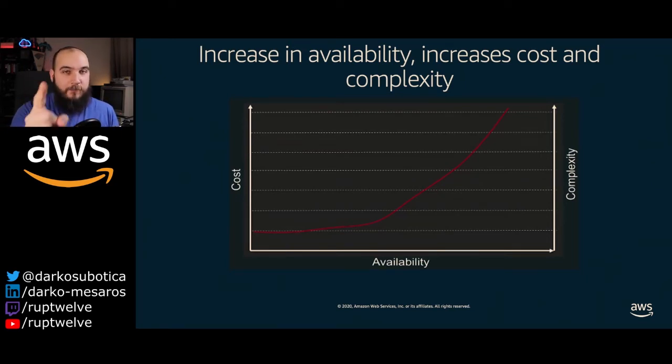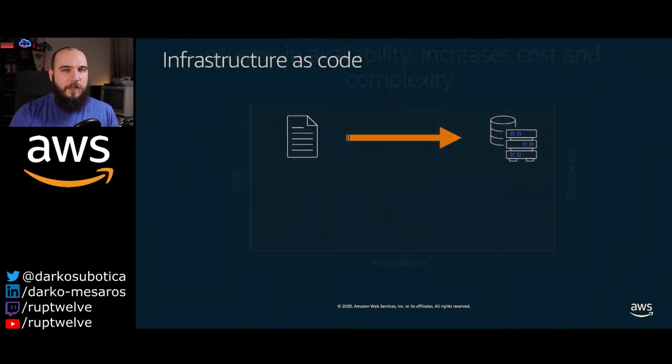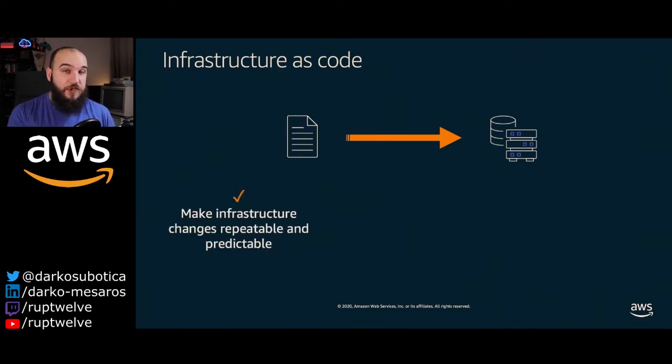Use infrastructure as code. By using infrastructure as code, or the ability to provision your infrastructure by writing it in text files called templates, you have a very predictable way to make changes and provision that infrastructure. You can provision it through the same tools, pipeline, CI/CD, whatever you have for your normal applications.